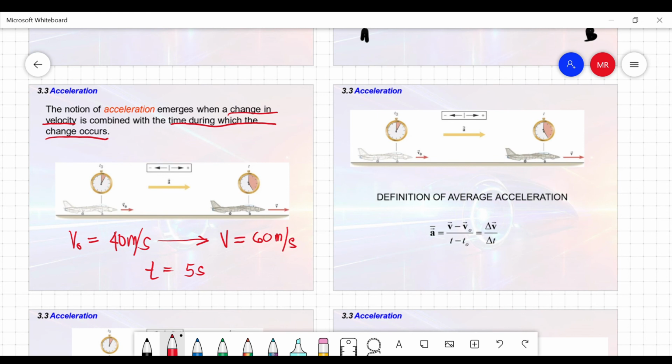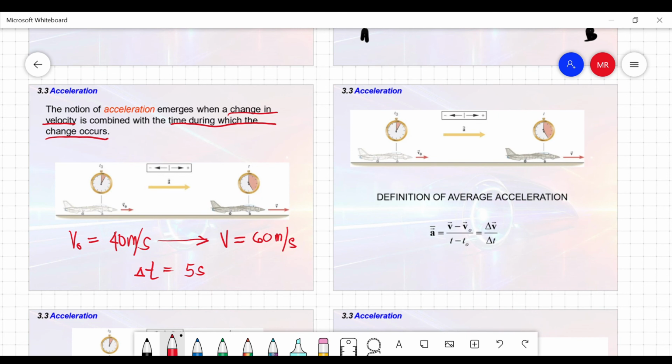So, ito yung time during which the change occurs. Itong time na yan, ito na yung delta T mo. Yun na yung naging change of time. From 40 to 60 meters per second, yung naging change of time mo during that time, or the elapsed time na nag-take effect yung change is 5 seconds.